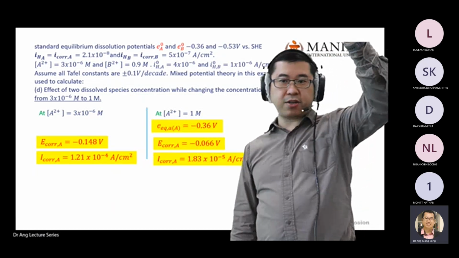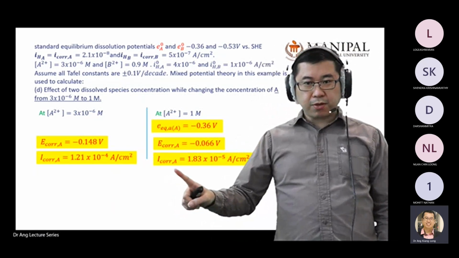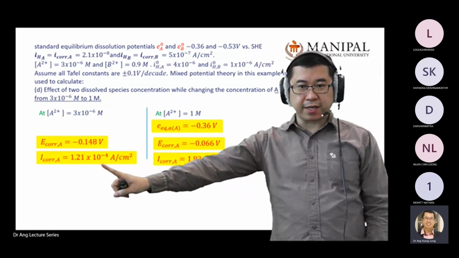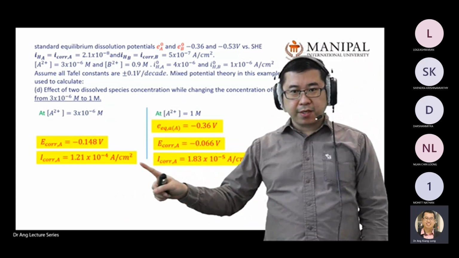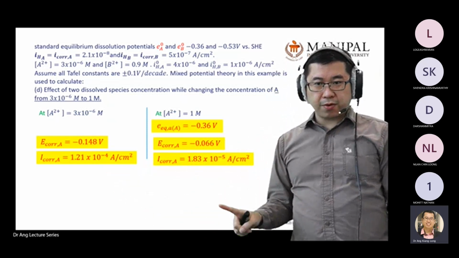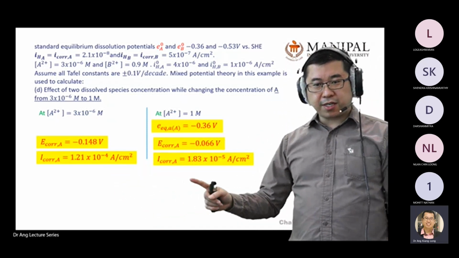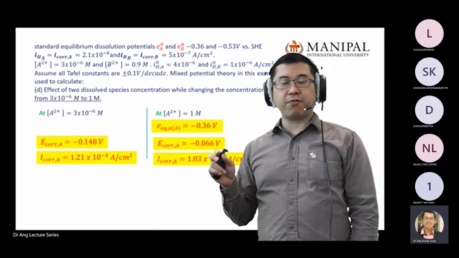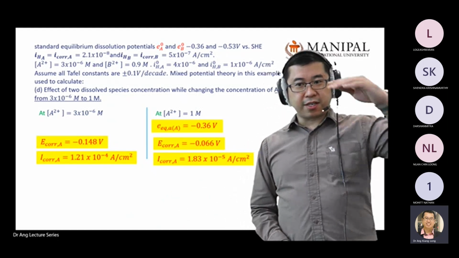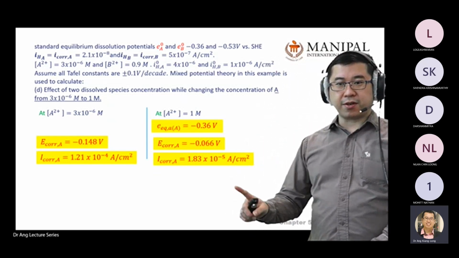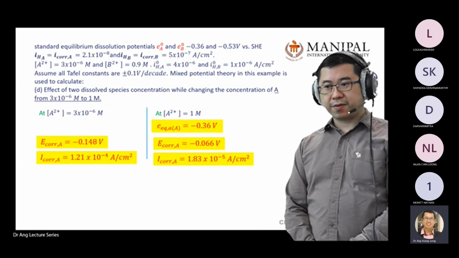Again, A is a higher nobility. What happened to the corrosion rate? Does it increase or drop? Just look at the slide here. One is negative 4, one is negative 5. From this calculation, what does it tell you about the effect of increasing the high nobility metal concentration? Does it increase or decrease?